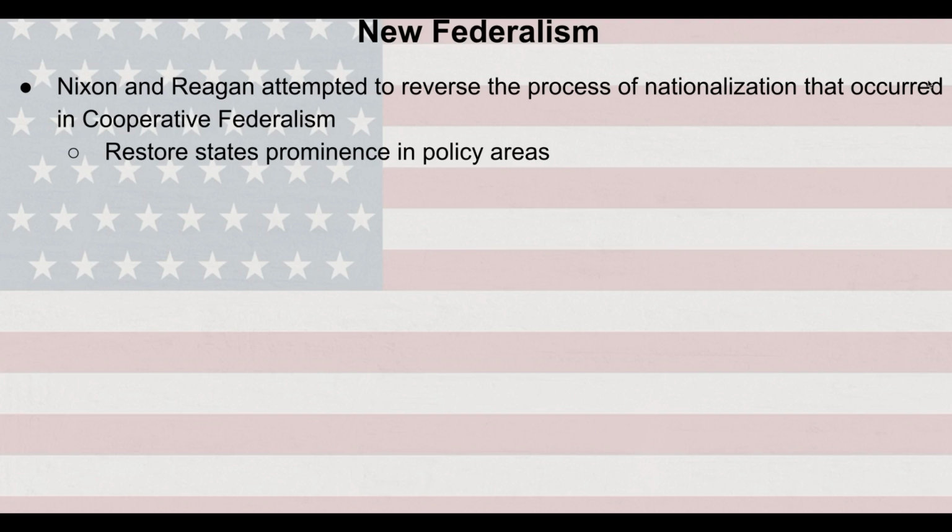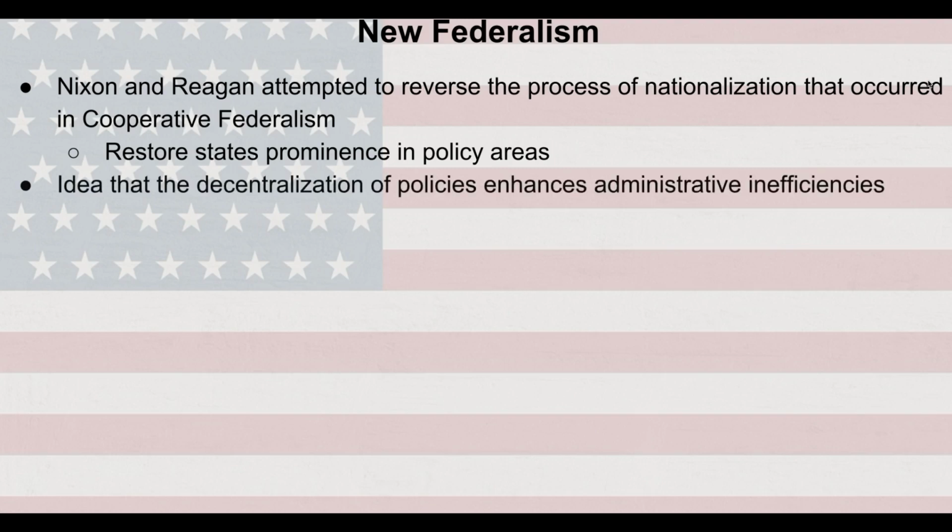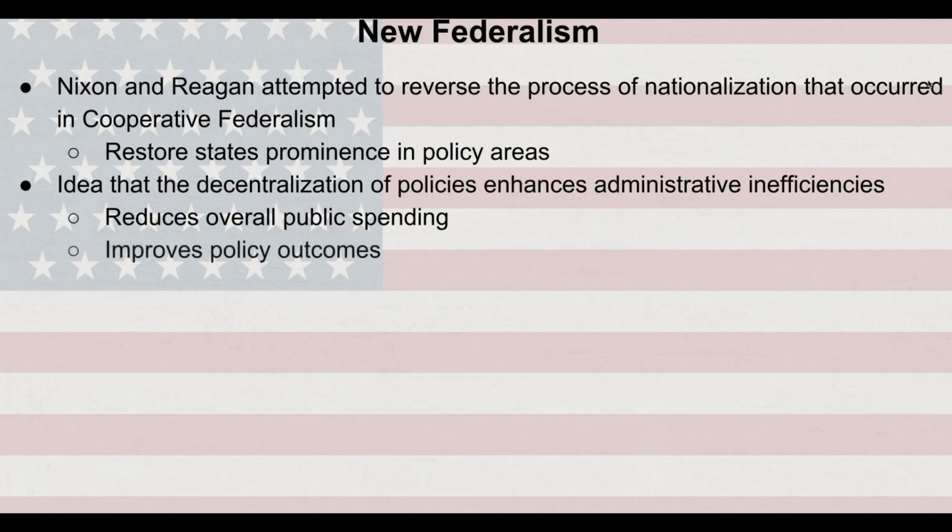And so new federalism is this idea that decentralization of policies really enhances administrative efficiencies. And so we're going to see a reduction in overall public spending. We're going to see improved policy outcomes as the federal government hands power back over to state governments.